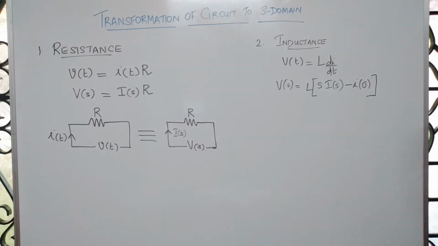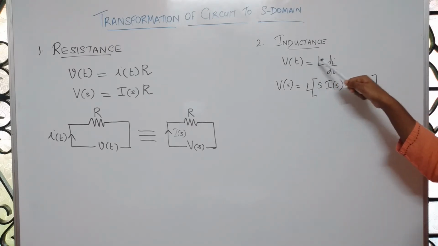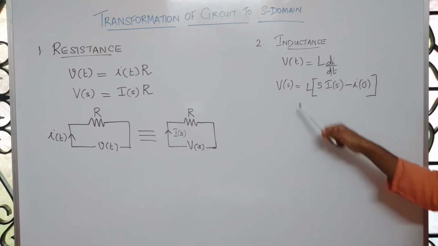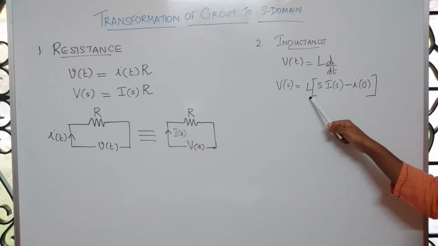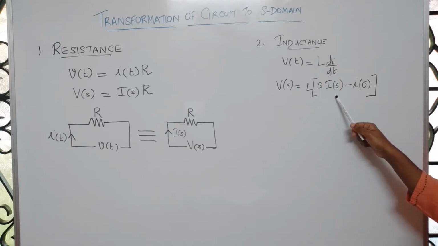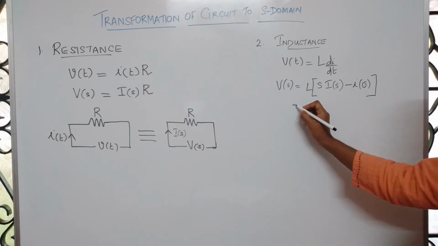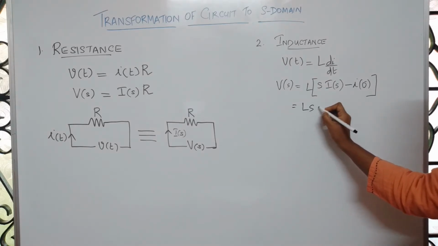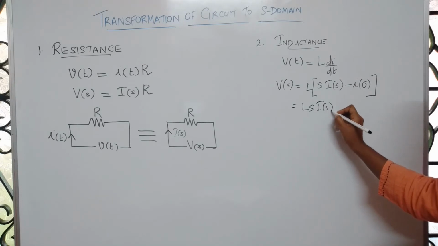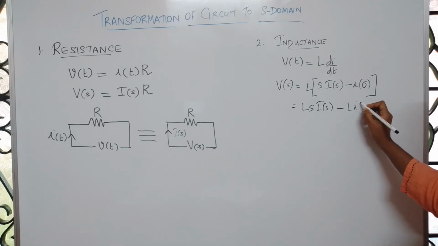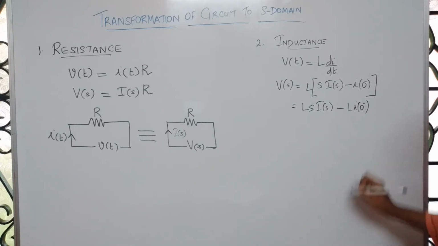So taking Laplace transform throughout of the equation V of t equal to L into di by dt, we get V of s equal to L into s I of s minus I of 0 minus. Now let me open the brackets. So it will be Ls I of s minus L I of 0 minus.